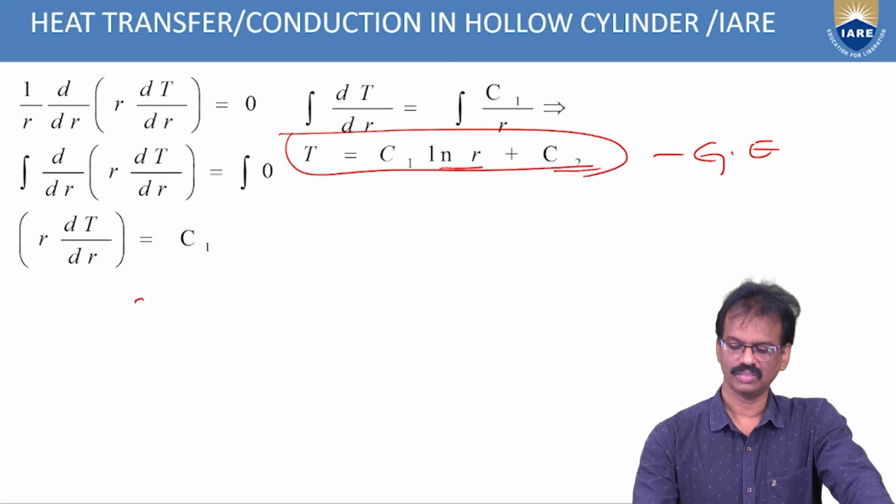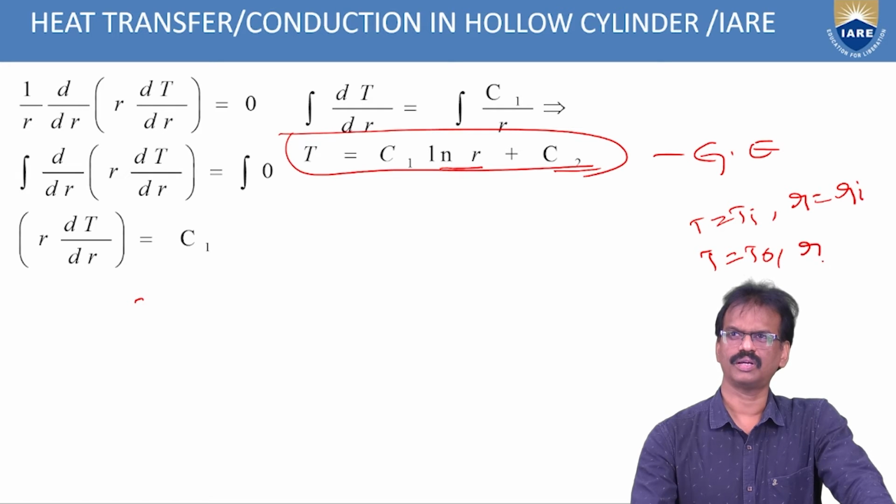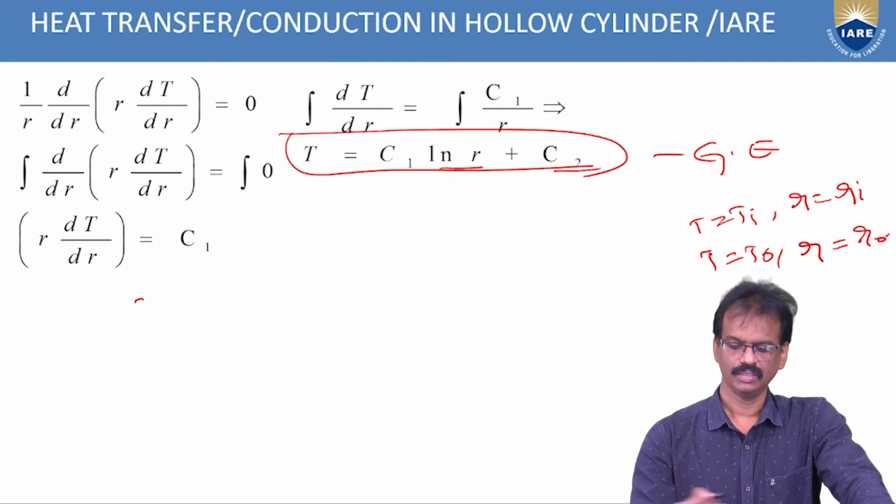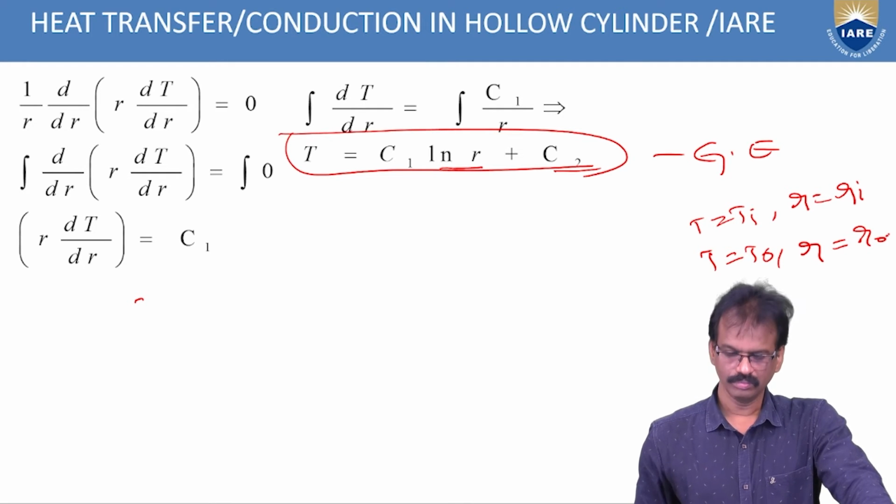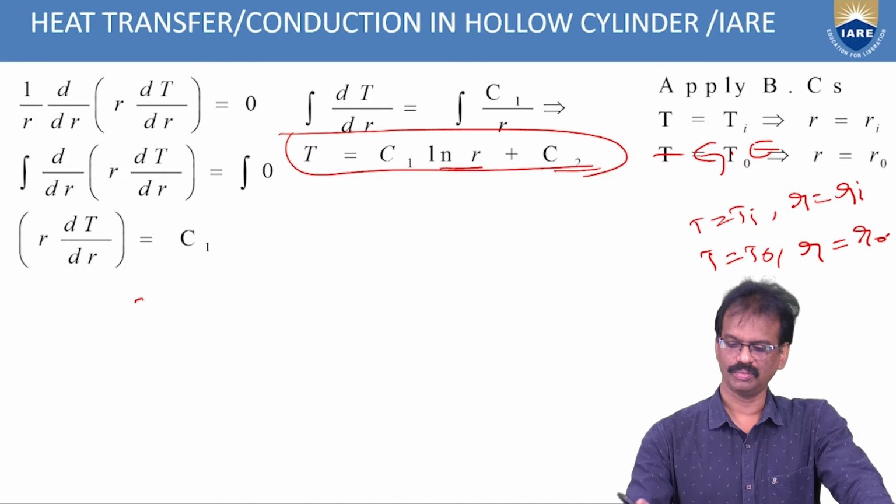Then we apply the boundary conditions. You know the boundary conditions: if T is equal to Ti, then r is equal to Ri. If T is equal to T naught, then r is equal to R naught.